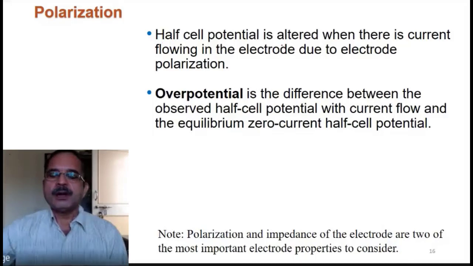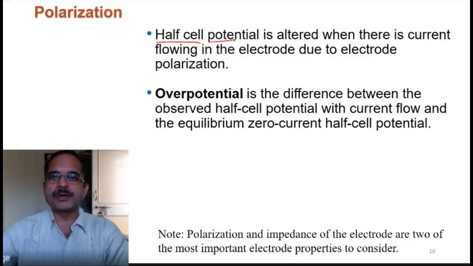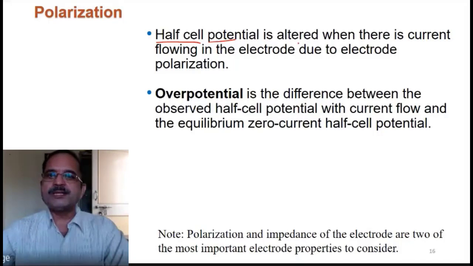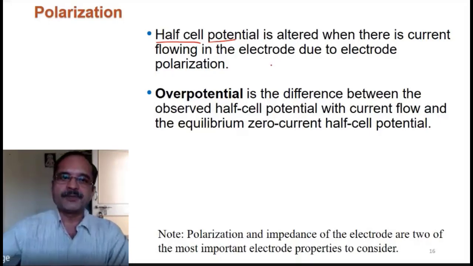Okay, so as we have discussed, at the interface between electrode and electrolyte, some electric potential is developed, and that potential we call the half cell potential. Now this half cell potential gets altered when there is current flowing in the electrode due to electrode polarization.